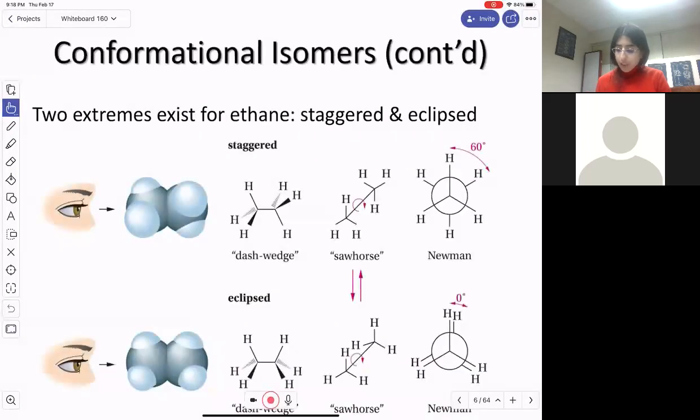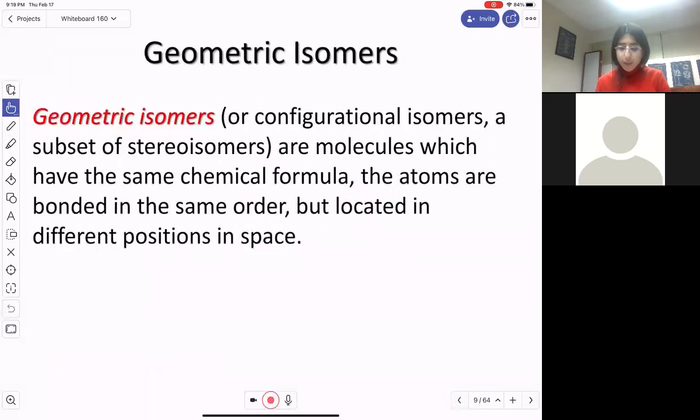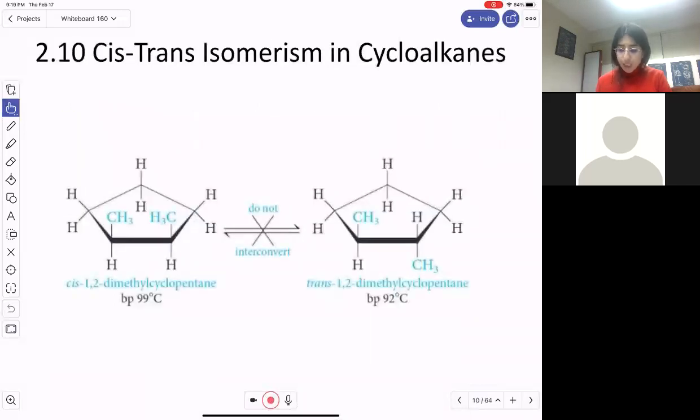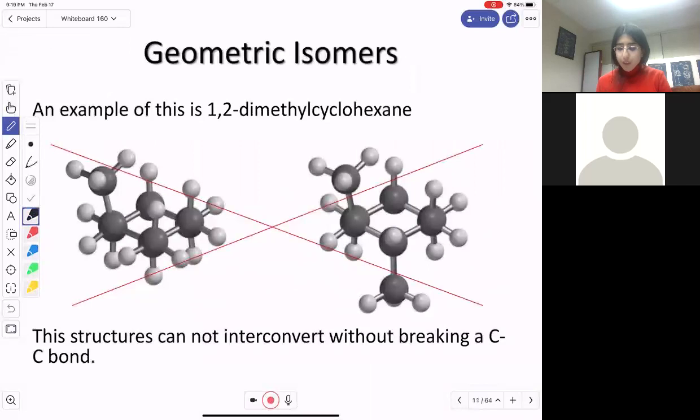Okay, you see cis and trans are here, and we do not interconvert them by single bond rotation.